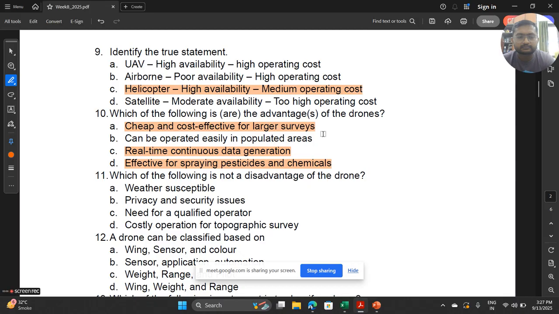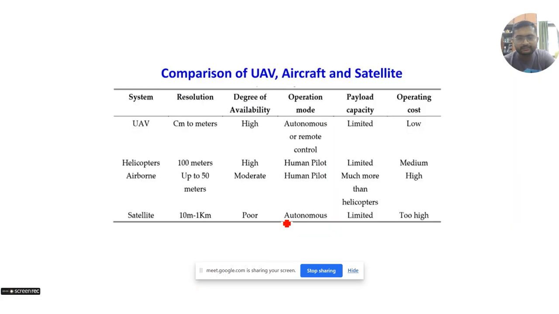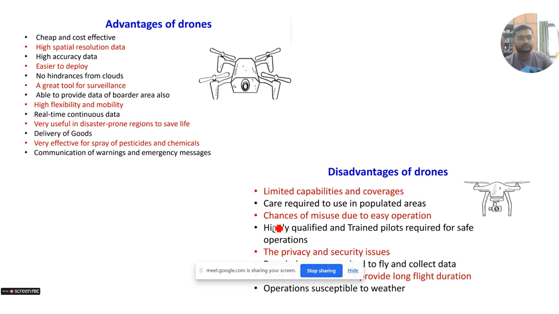So D. Yes, if we are doing a topographic survey, the area which we are surveying is very high. In that case, the drone will become a good survey equipment because it will cover a larger area in lesser time, so overall cost will get reduced. So we will see different advantages and disadvantages of drone.